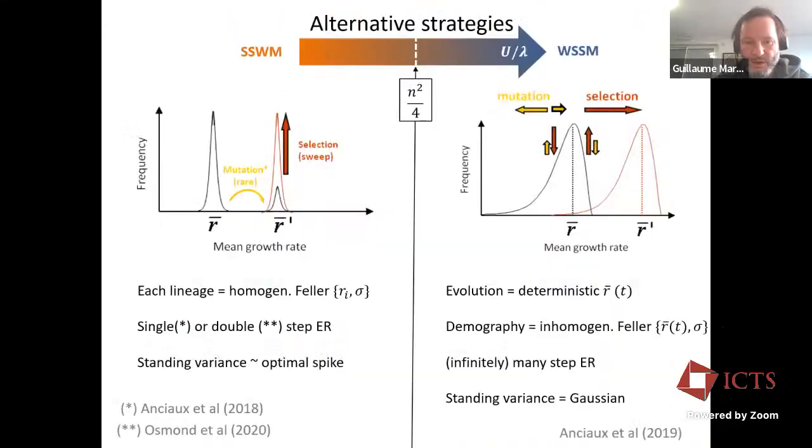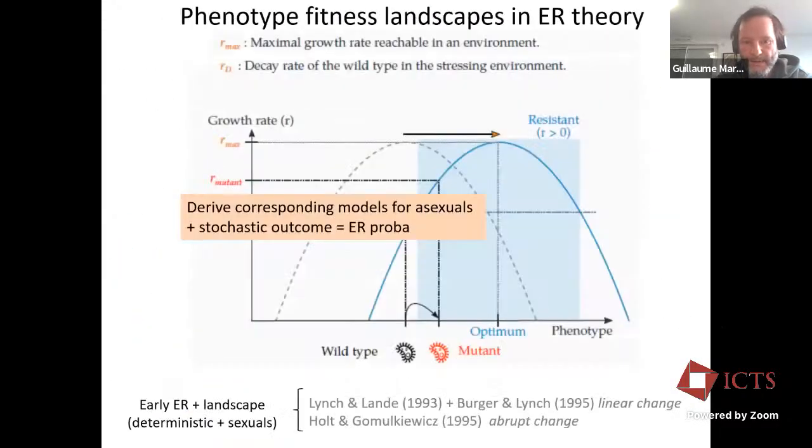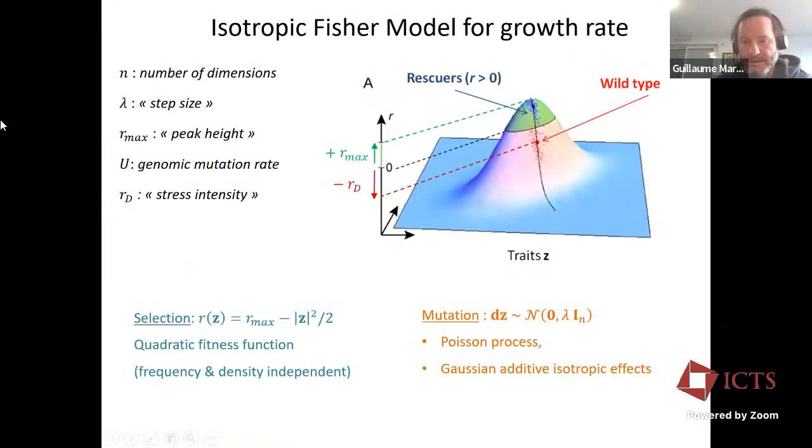I need to get back to the Fisher's model. Well, you can see it on the clouds here. This is the wild type, every mutant, and these are the random mutations produced. Every mutant that is outside of this level is a deleterious mutation, and each of those inside are beneficial mutations.